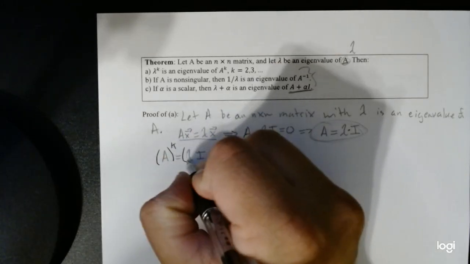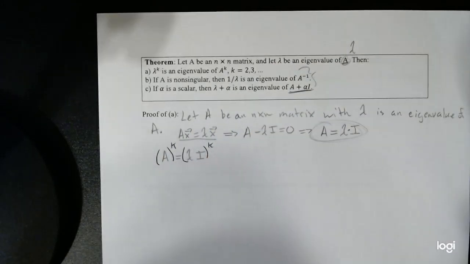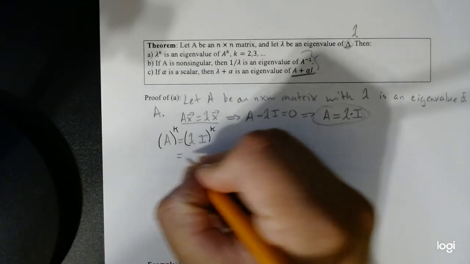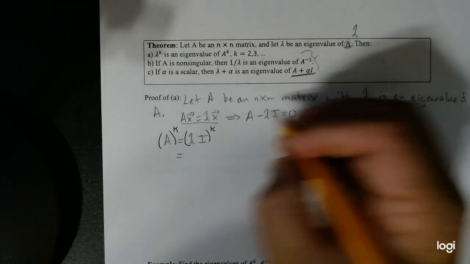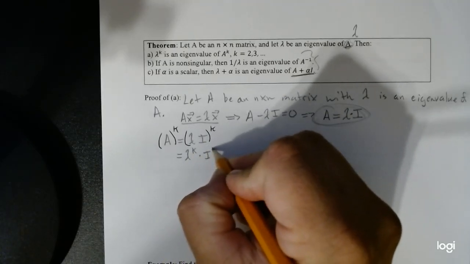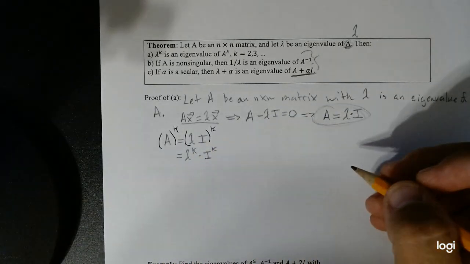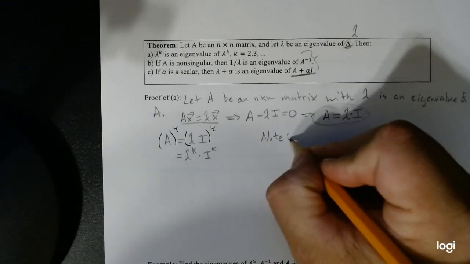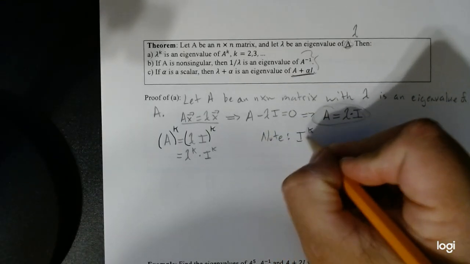Well, if I do one side, I have to do the other side. Okay. Well, lambda is just some scalar, so it's just lambda to the k power times I to the k power. Okay. So I'm going to do a little side note here. We have to figure out what in the world I to the k represents.